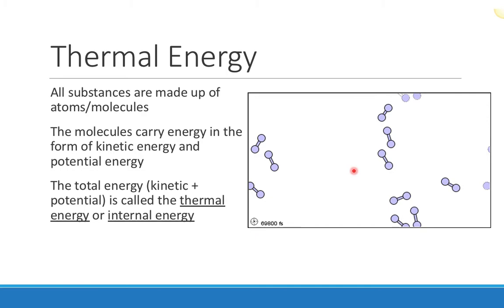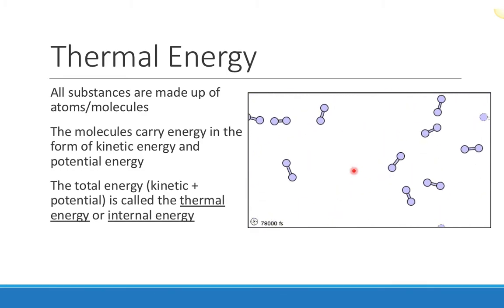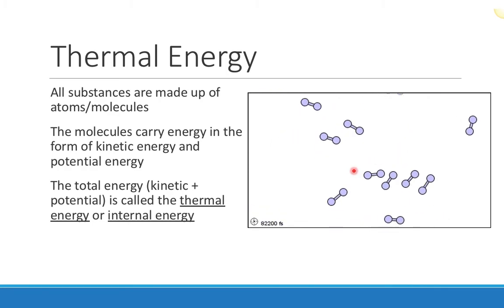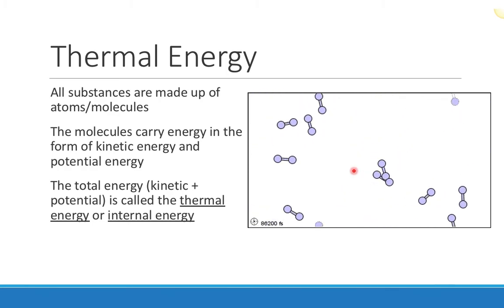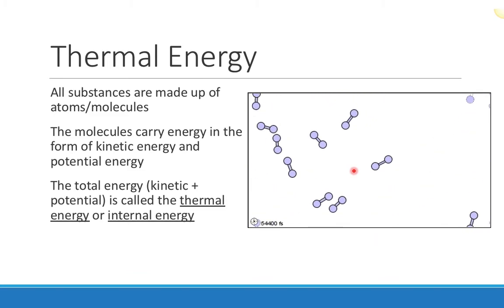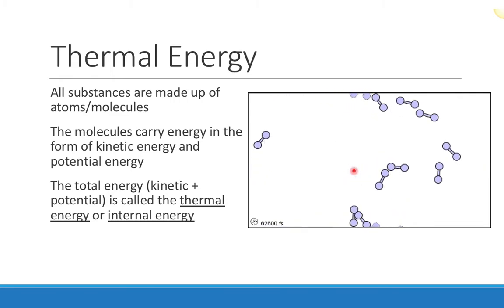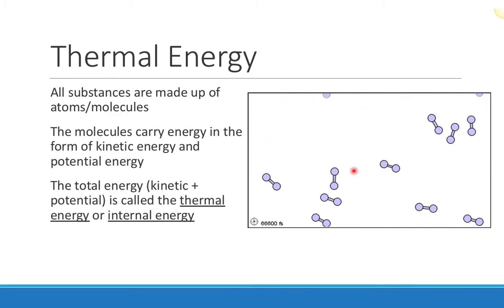If we had a substance in a container that's not in motion, we could still say that the molecules inside that container, just like the ice water and the boiling water, have kinetic energy and potential energy, and therefore they have this thermal energy or internal energy associated with them as they're just sitting there.